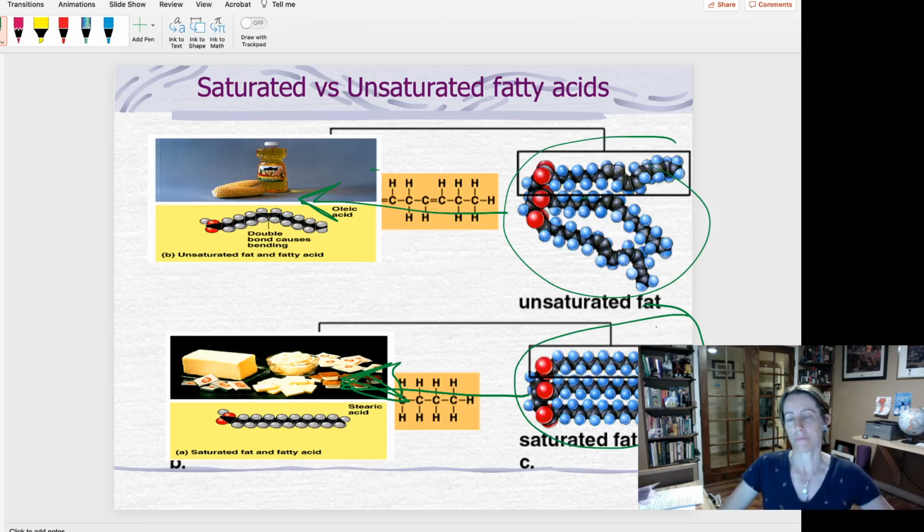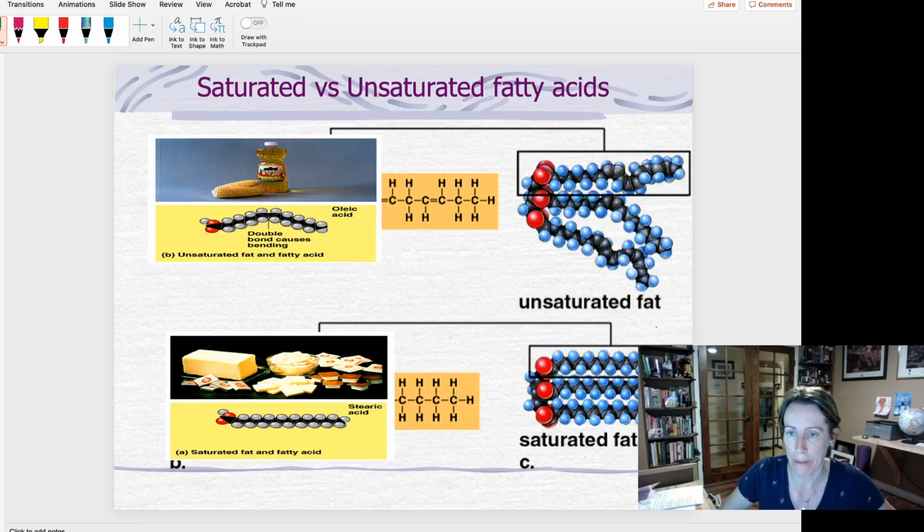So then, last question, if I was going to send you to the store to bring me back some things that contain unsaturated fat, the healthy kind of fat, what would you bring back? Give you a second to think about that. What contains unsaturated fat?